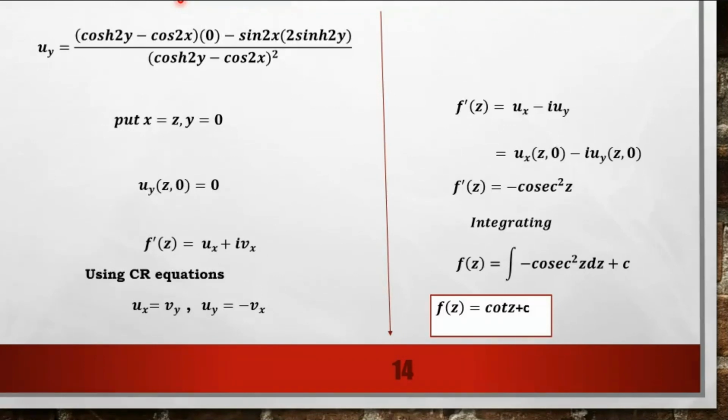So either you can apply u into v or u by v, it's only differentiation. It's not difficult to differentiate, because integration becomes difficult. Cot z plus c. Take one more.